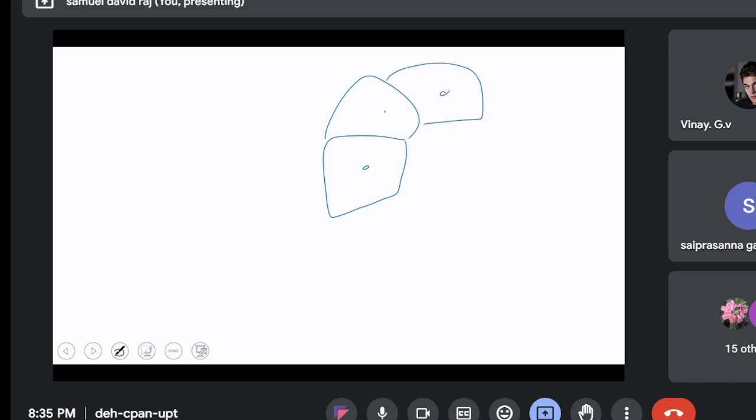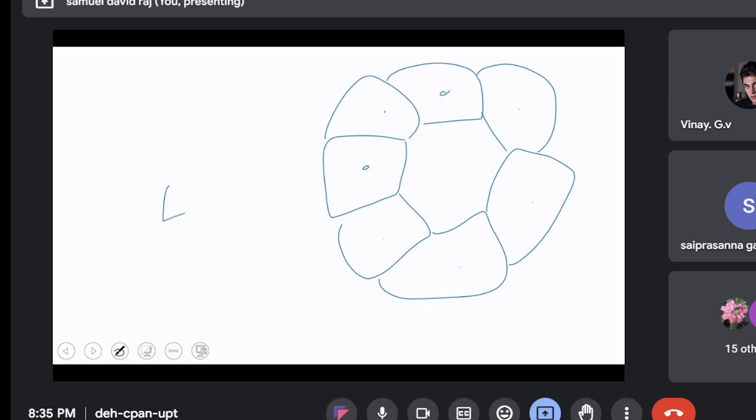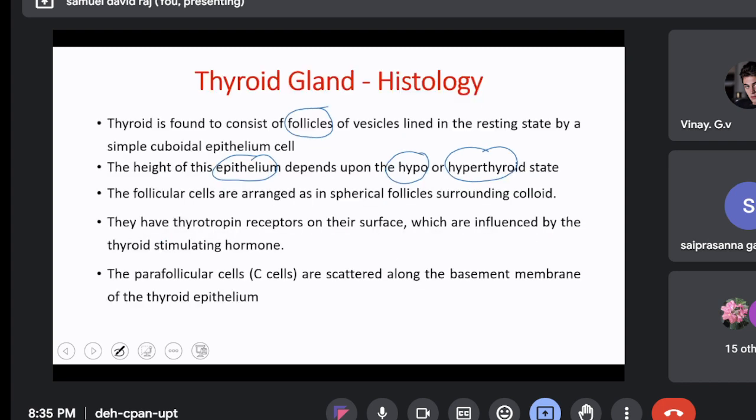The size of the follicle is very large, very long in a hyperthyroid state, whereas in a hypothyroid state, it is somewhat smaller in size. Thus, the height of the epithelial cells depends upon the state of the thyroid gland.